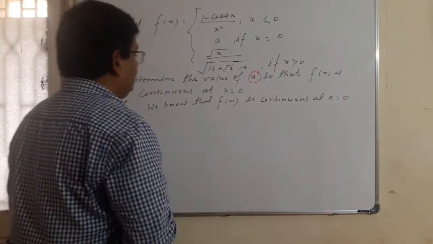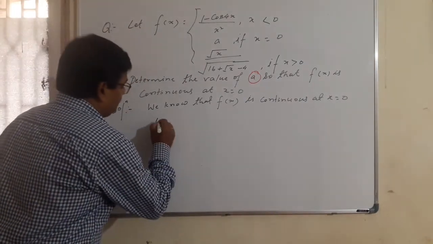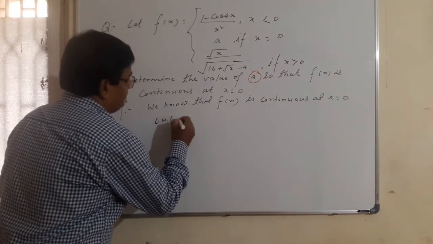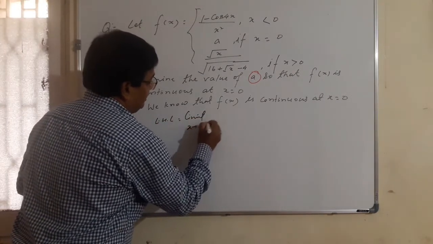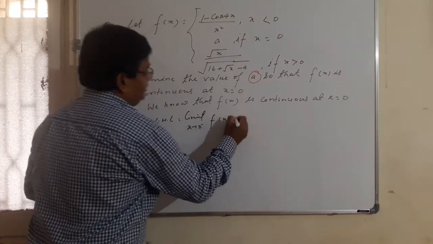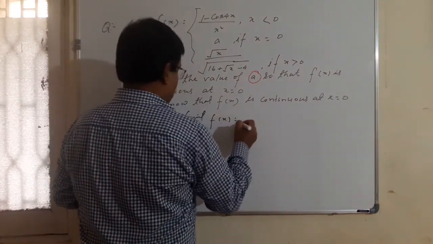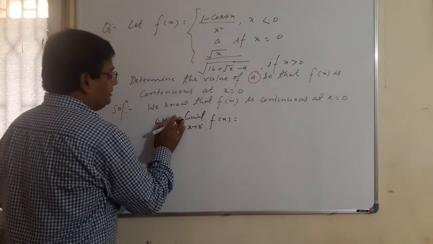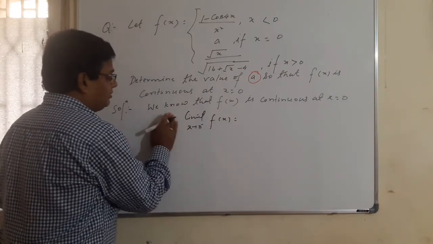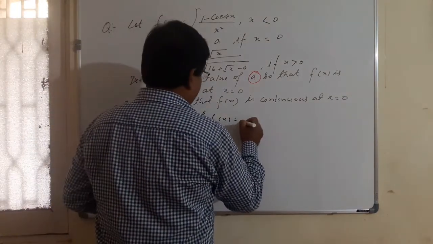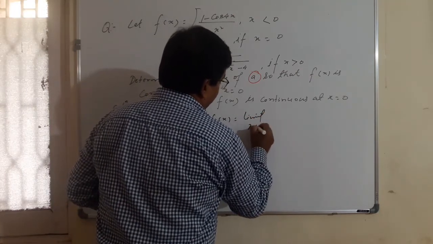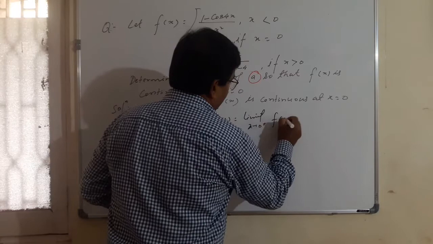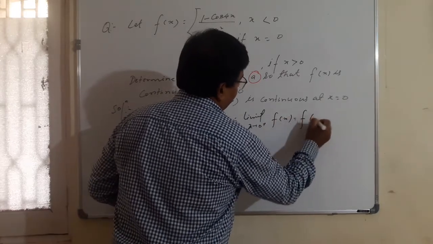It means left hand limit, limit x tends to 0 minus f(x), is equal to right hand limit, and equal to f(0). So right hand limit, x tends to 0 plus f(x), is equal to f(0).